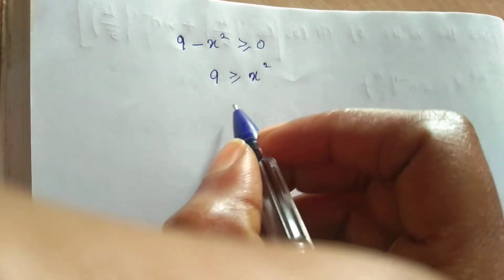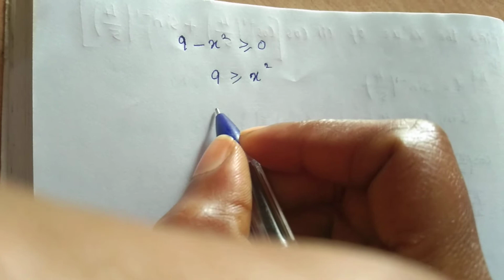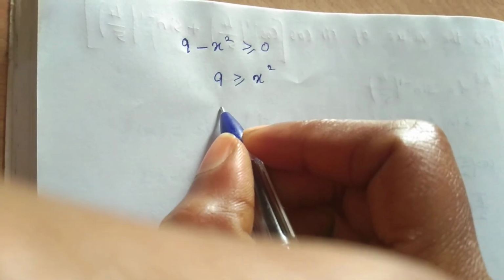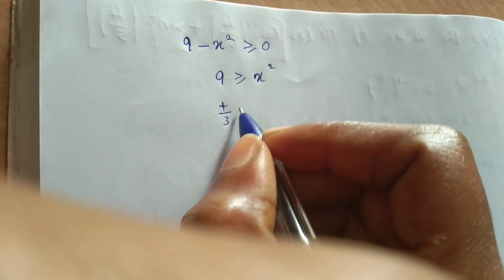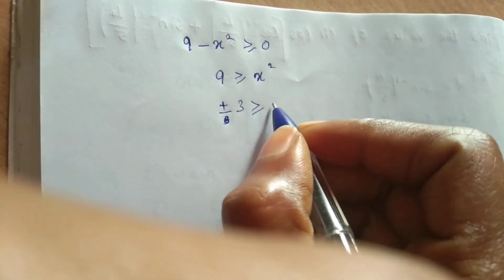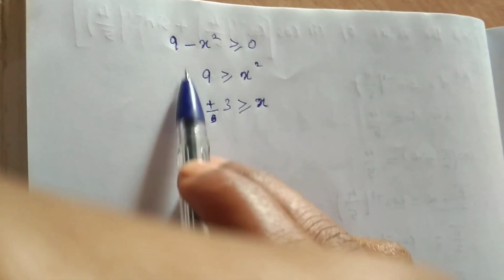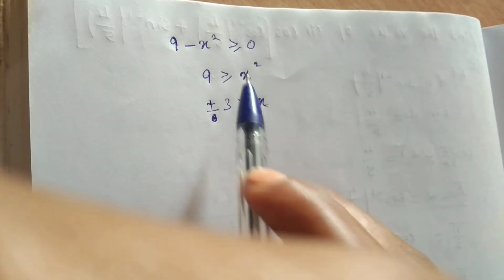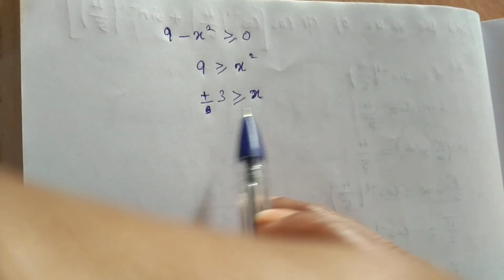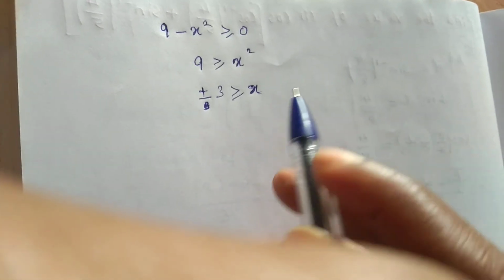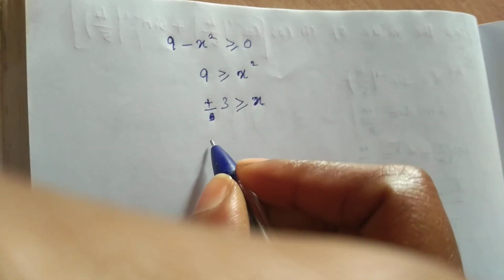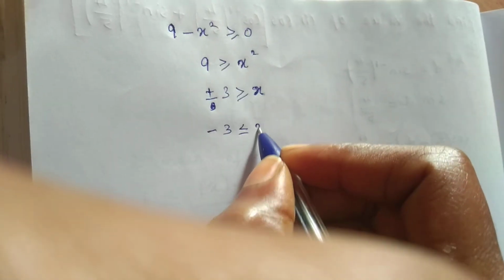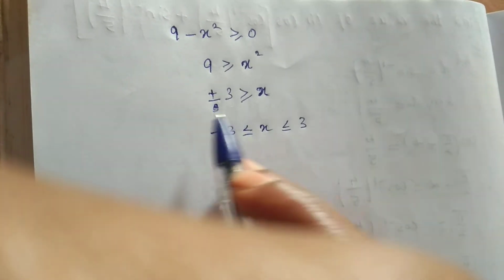Taking the square root on both sides, the square root of 9 is 3 and the square root of x square is x. So we get plus or minus 3 greater than or equal to x. Now write the answer: minus 3 less than or equal to x less than or equal to plus 3. This is the interval of this function.